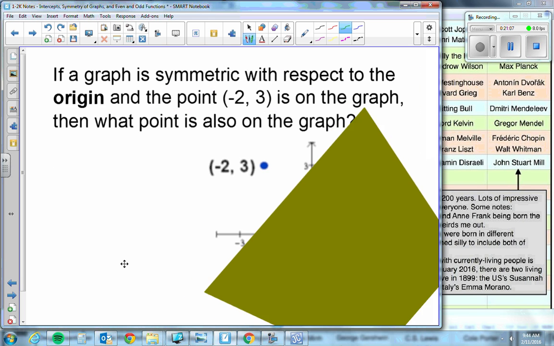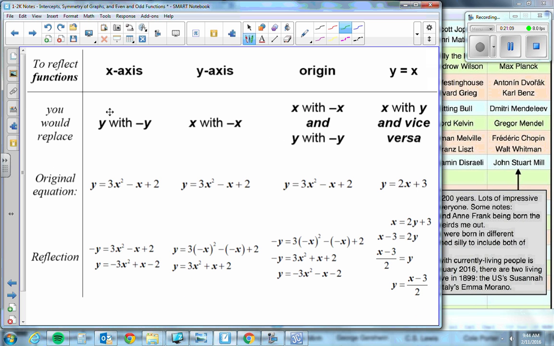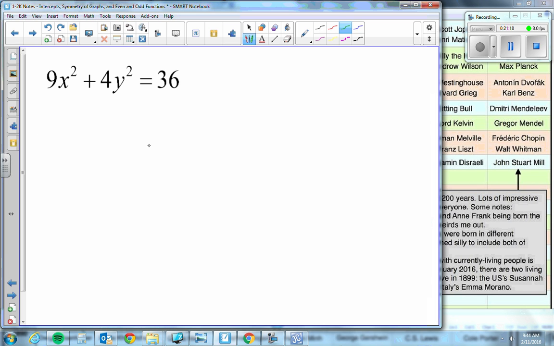All right, we're going to skip over this. This summarizes three rules. To check for x-axis symmetry, you replace like this. Y-axis, you replace like this. Origin, you replace both. And that's what we're going to do now. Listen to me. This is all about showing the work, right? Getting the answers is, well, important.